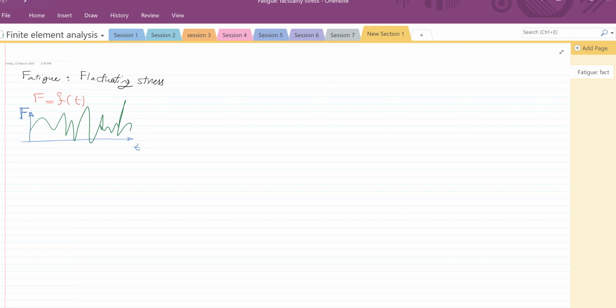We have some force or stress fluctuating. So you shouldn't design your geometry for the ultimate stress or yield stress failure. You need to consider the fatigue parameter.